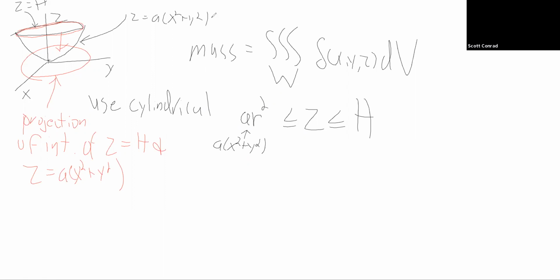So h equals a times x squared plus y squared. In other words, x squared plus y squared equals h over a.